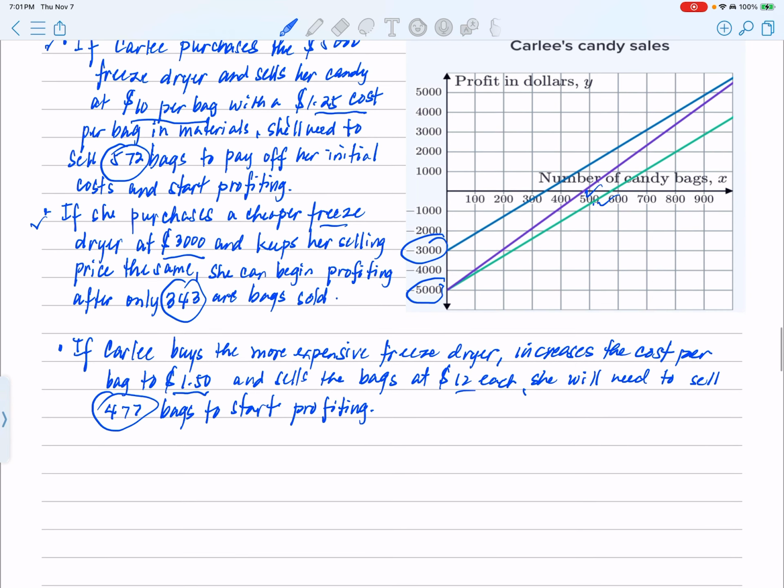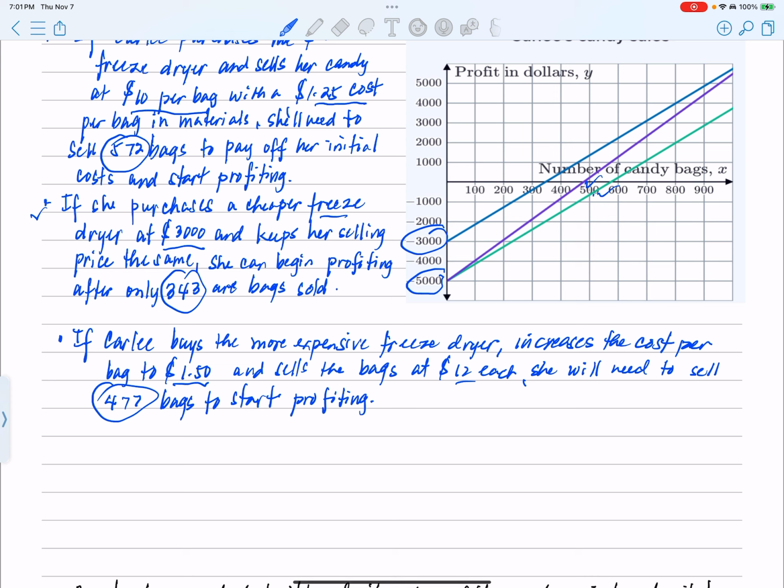So what can we recommend to Carly? Purchase the most reliable machine at the cheapest price. Take advantage of the bulk pricing plan to buy supplies for making at least 600 bags of candy to stay out of debt.